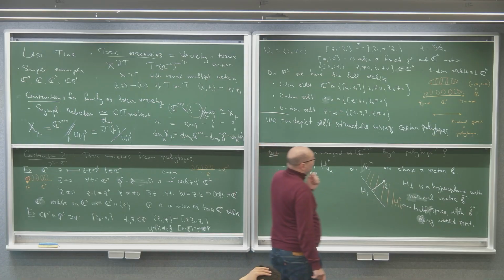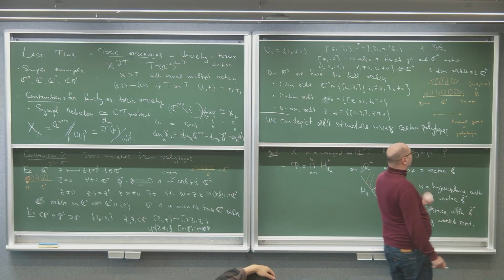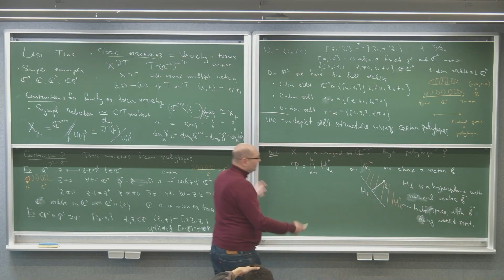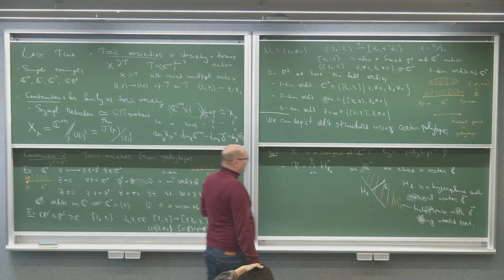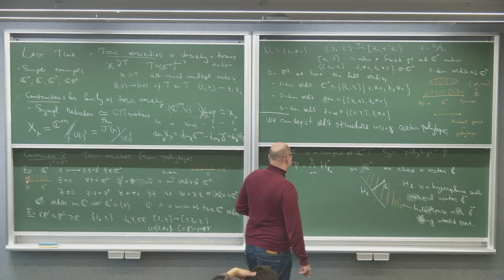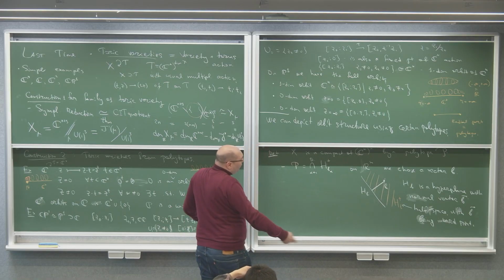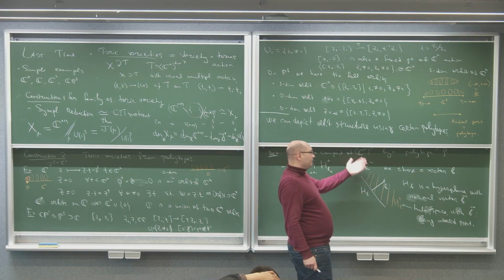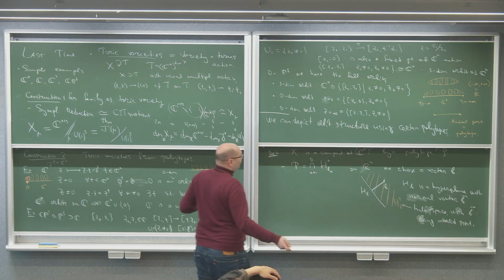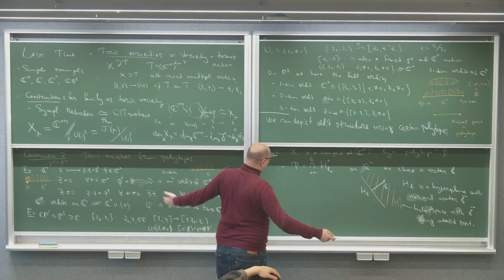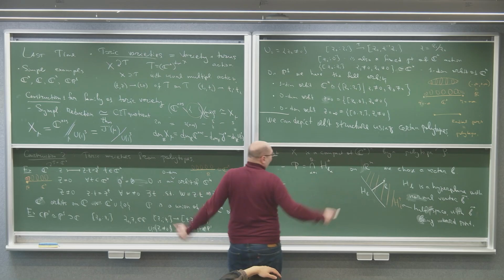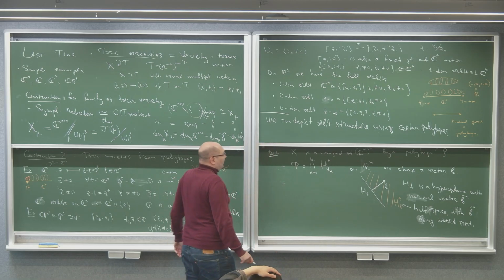Okay, so that would give us a picture of some n-dimensional polytope that we get by intersection of a certain number of these half spaces. In particular, if there are no half spaces, then we just have R^n, and R^n represents C star to the power n, which is non-compact.